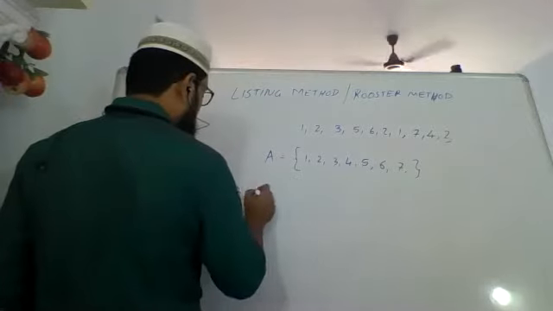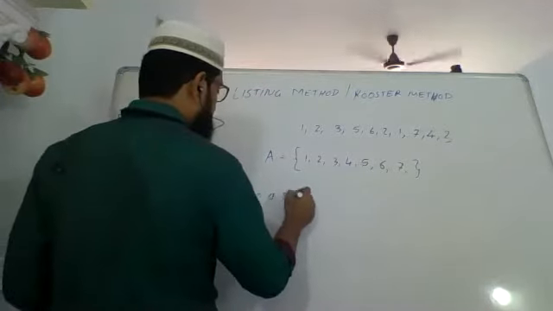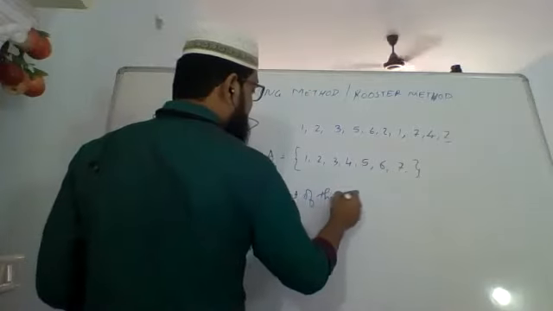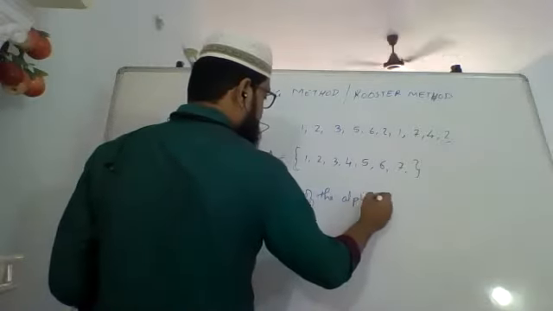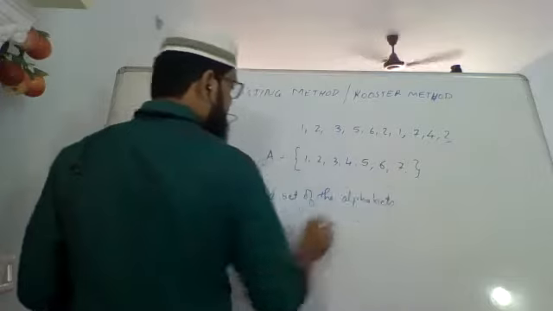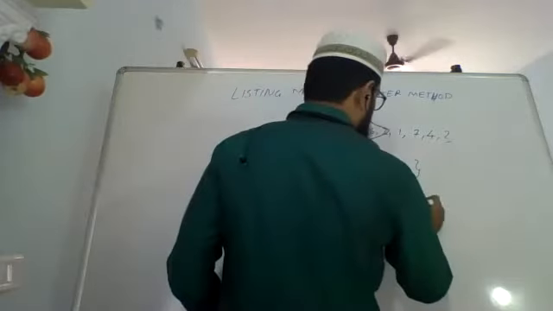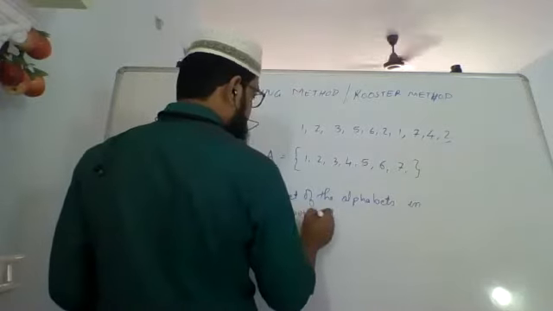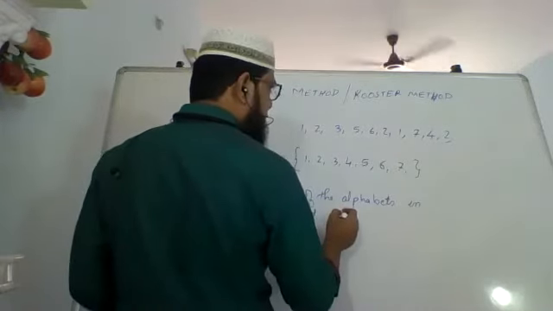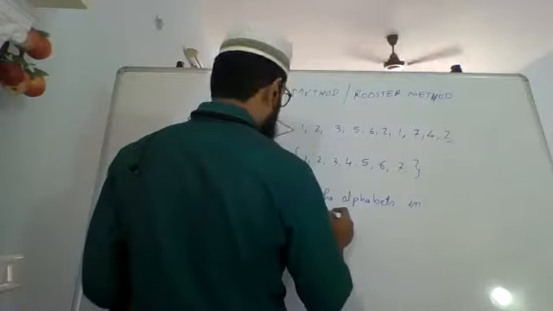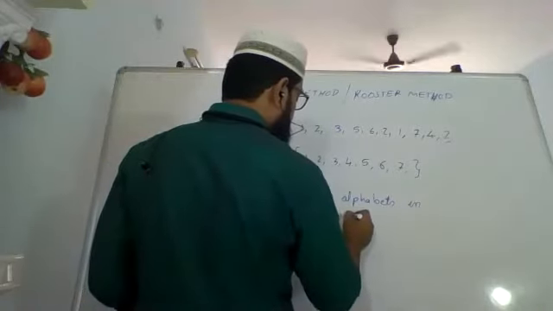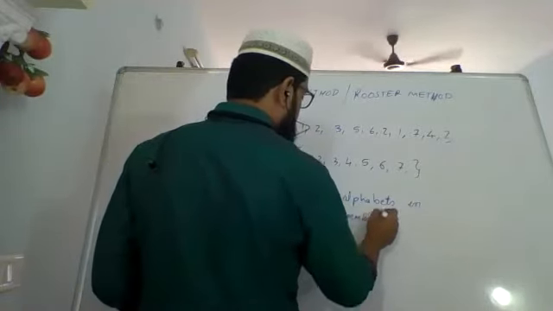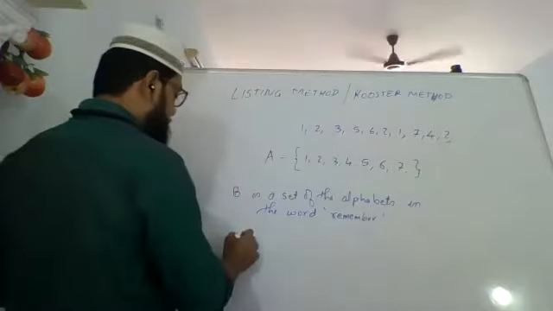B is a set of the alphabets in the word, in the word remember. B is a set, so we'll write B.